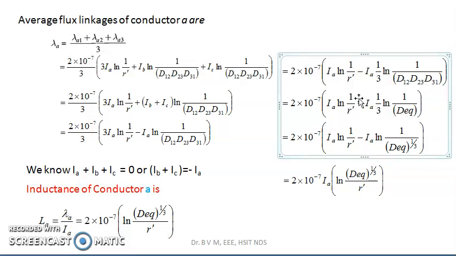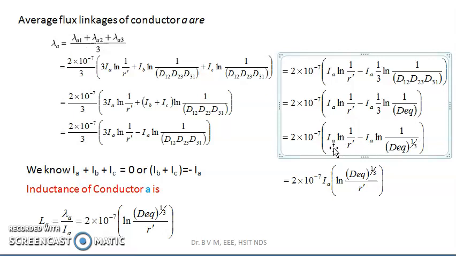So 2 into 10 raised to minus 7 IA log of 1 by R dash minus IA 1 by 3 log of 1 by D equivalent. Apply your logarithmic rule. 1 by 3 log of 1 by D equivalent is given by 1 by D equivalent raised to 1 by 3, that is nothing but the cube root of D equivalent. So you can write 2 into 10 raised to minus 7 IA natural log of 1 by R dash minus IA log of 1 divided by D equivalent raised to 1 by 3.